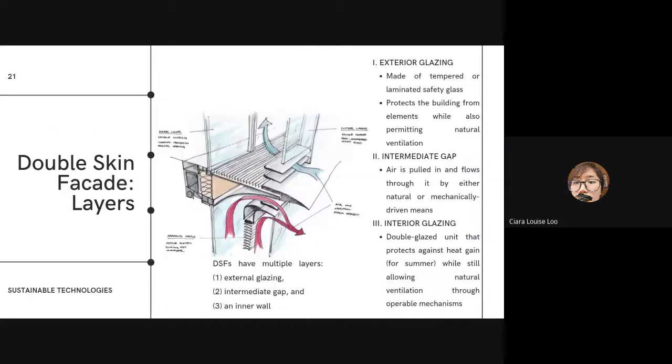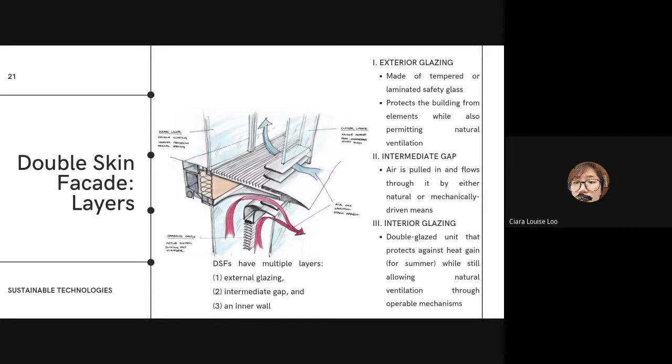Next slide, please. So as you can see, the double skin facade has layers, and these layers are namely the external glazing, intermediate gap, and the inner wall. So the outer layer is usually made of tempered or laminated safety glass, and it protects the building from elements while also permitting natural ventilation.